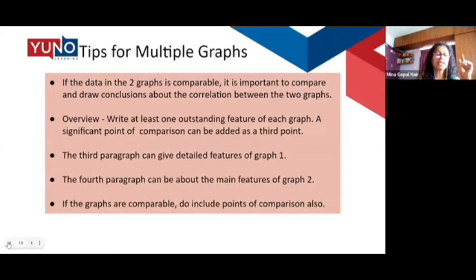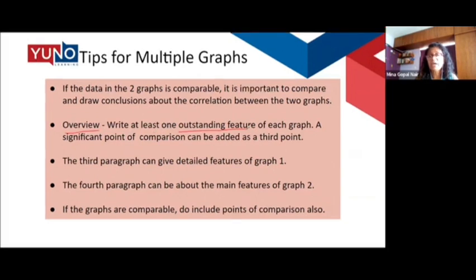Now, some points that you need to bear in mind when we are doing multiple graphs. Before we actually look at the report, if the data in the two graphs is comparable, it is important that you draw comparisons and draw conclusions about the relation between the two graphs. So making comparisons is important if it is comparable. In your overview, you can write one outstanding feature about each graph. You can include a third point about a comparison between the two graphs.